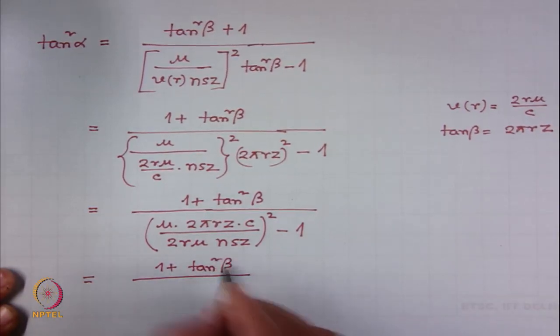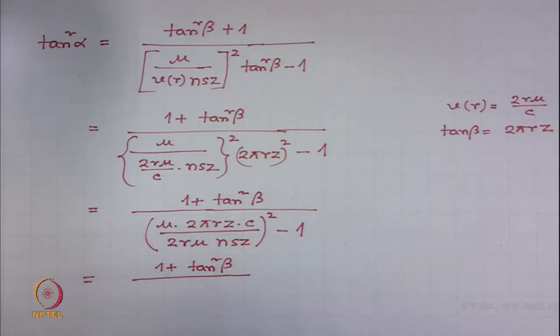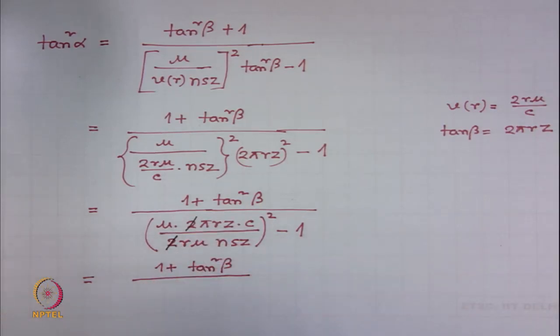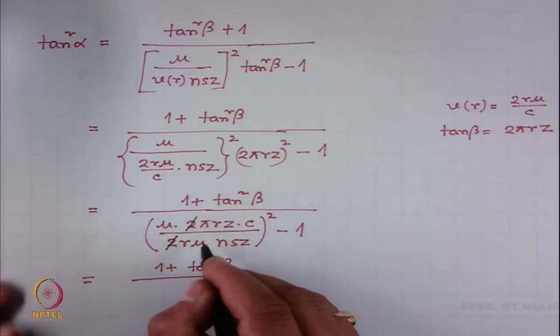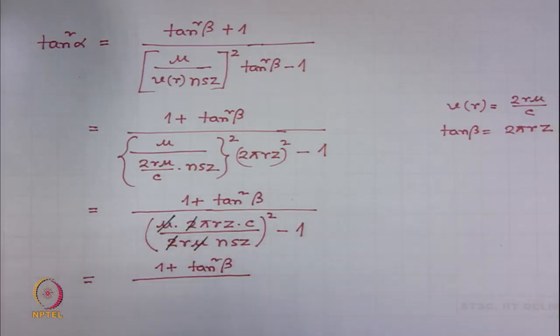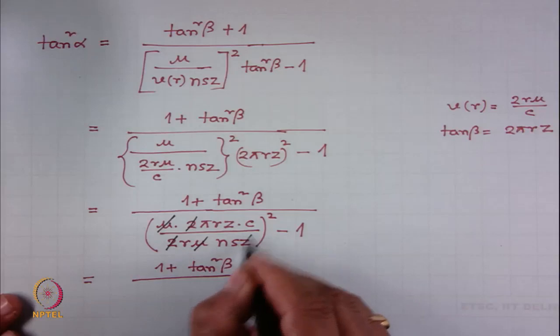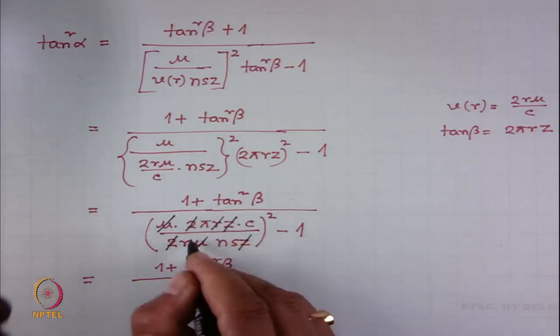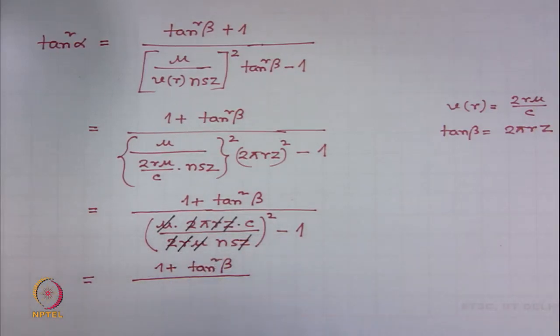Numerator we do not change, denominator you would like to see what is coming out. These 2 and these 2 cancel out, this mu cancels out, this z cancels out, this r cancels out.